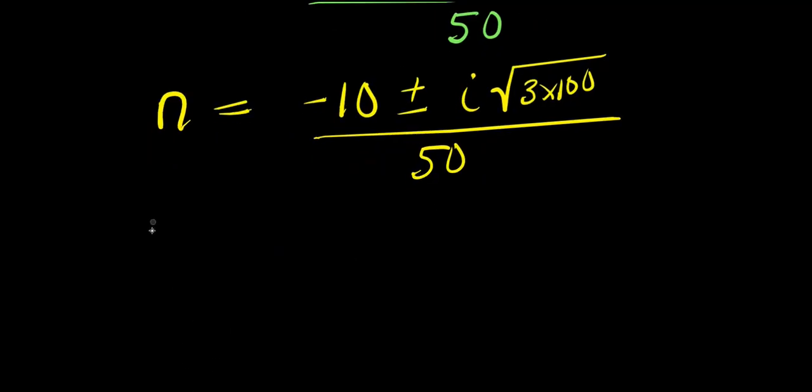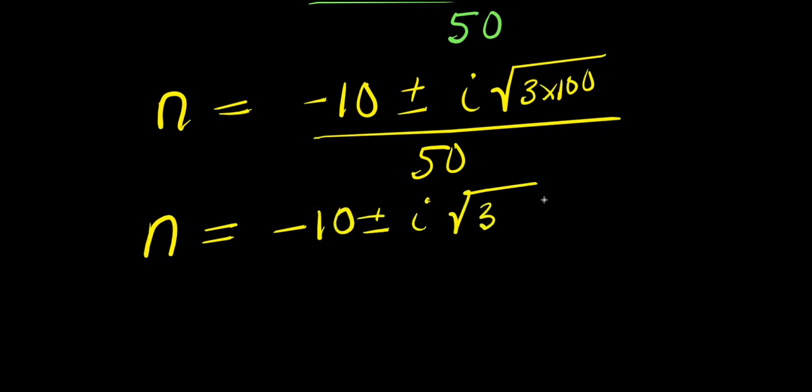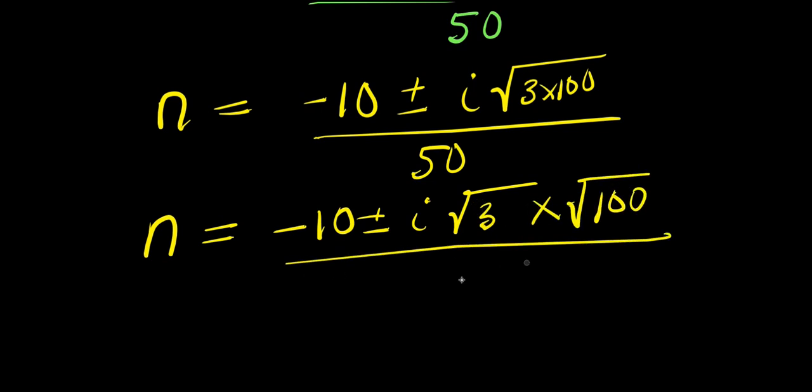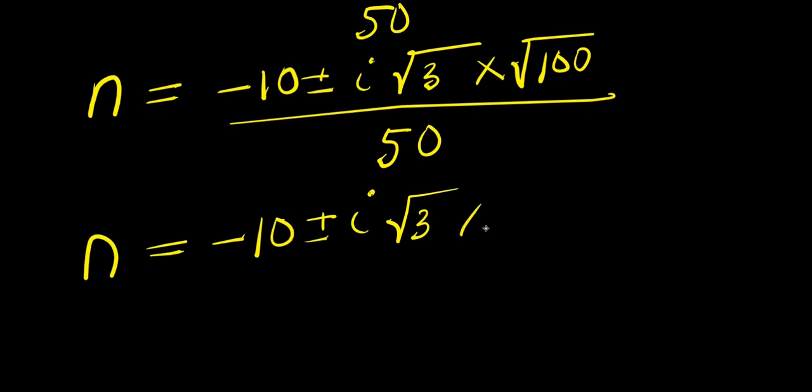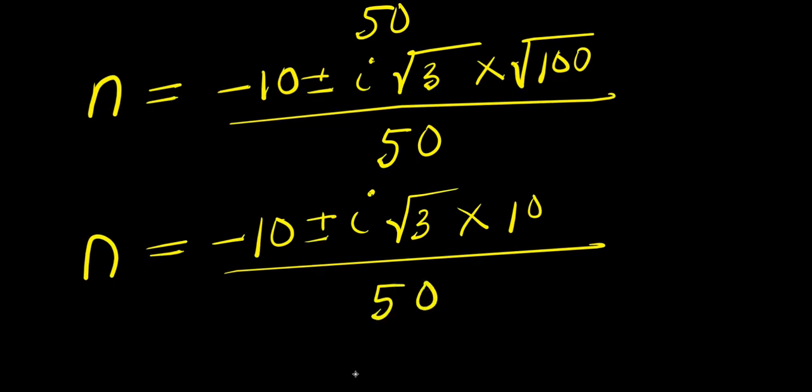So from here, n equals negative 10 plus or minus i times square root of 3 times square root of 100, that is 10, divided by 50.